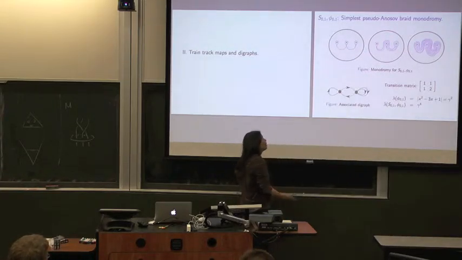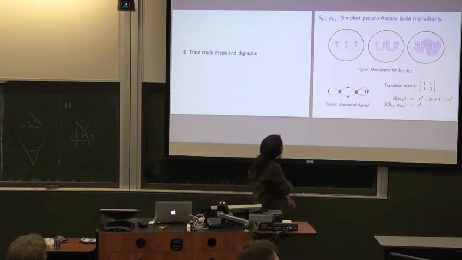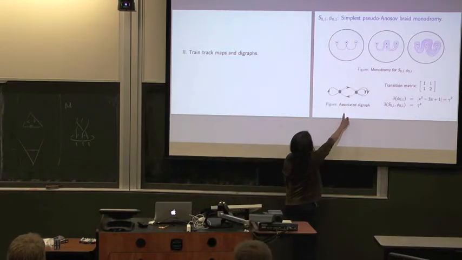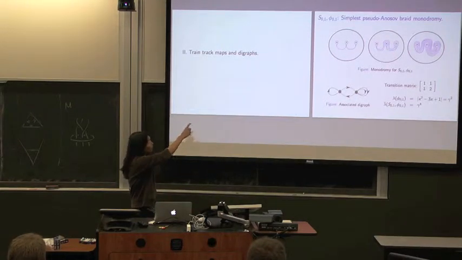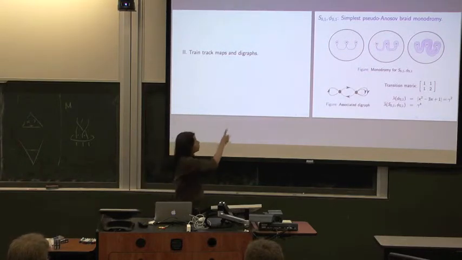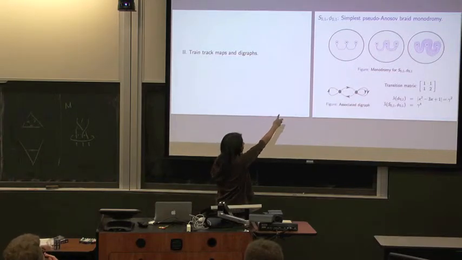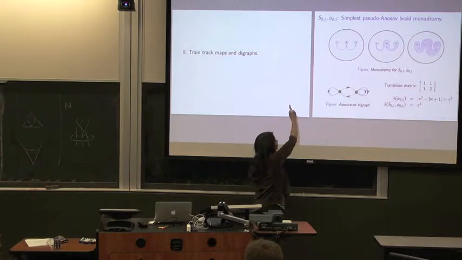Now I want to start emphasizing the digraph because I want to link it with McMullen's result on digraphs. So here is the associated digraph to this train track map. You only really care about the longer edges. The shorter edges are always going to stay short, so they don't really matter. The longer pink edge goes over the original pink edge and the blue edge, one each.